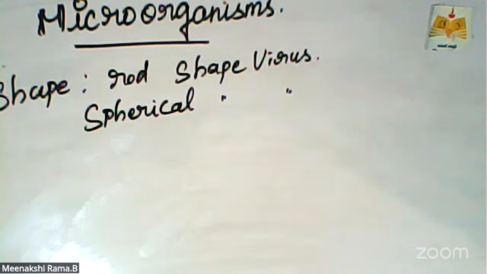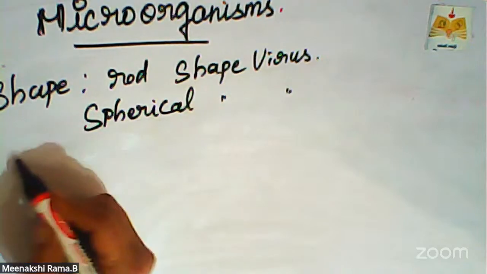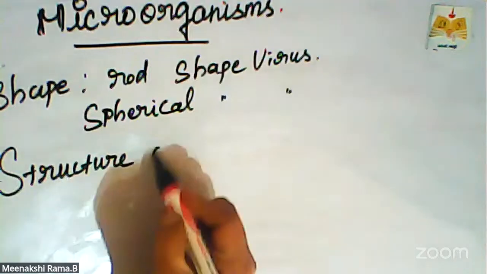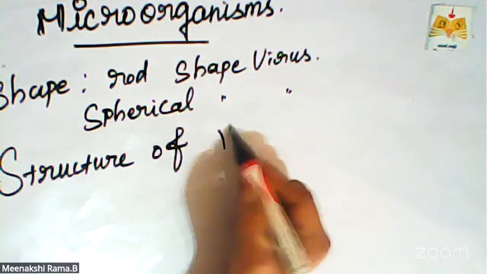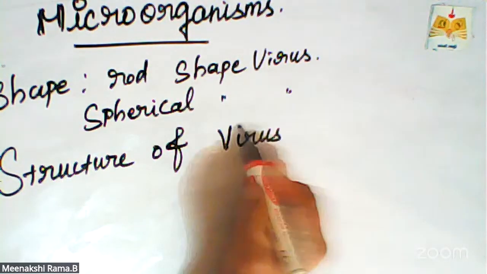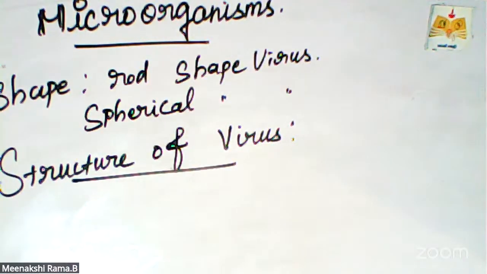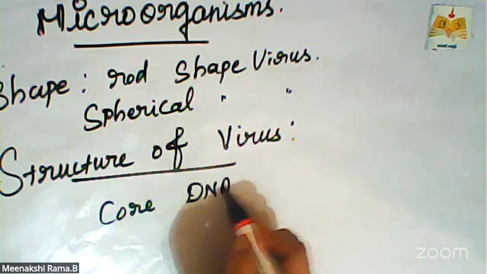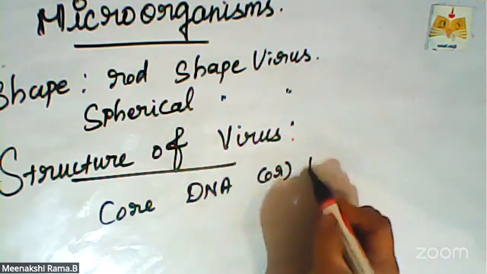So what is the structure of a virus? The structure of a virus contains a core of DNA or RNA.